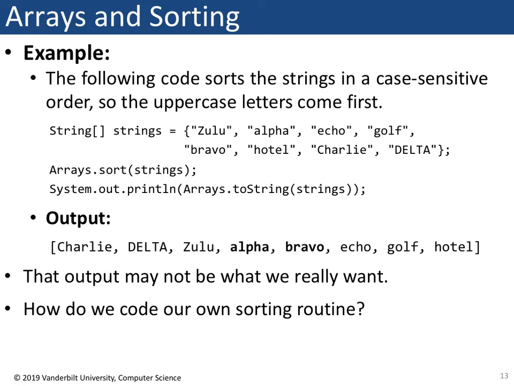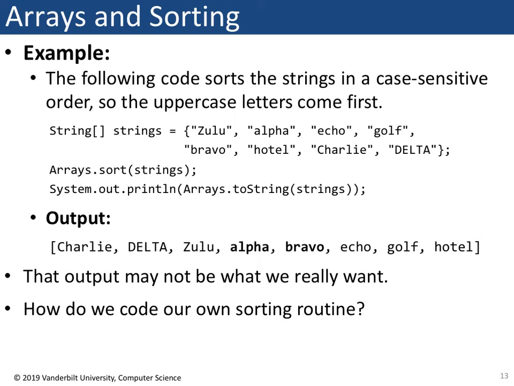So if we use the built-in sorting routine in the Arrays class to sort the following array of strings, it's going to put them in uppercase first, followed by lowercase.